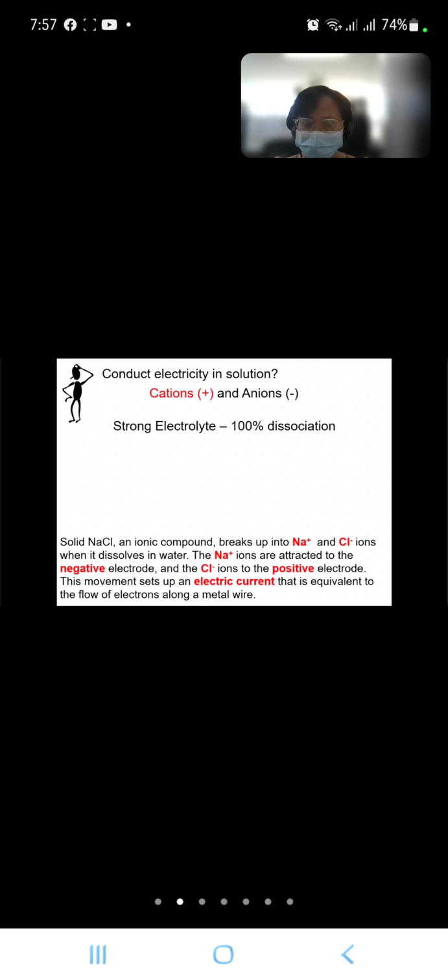So the cation, which is the sodium ion, will be completely separated from the chloride ion, which is our anion. That is what we mean by 100% dissociation. So in the solution, you can no longer find sodium chloride, but you can find aqueous sodium ions and aqueous chloride ions.